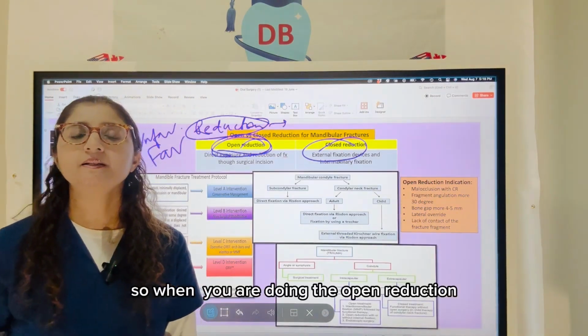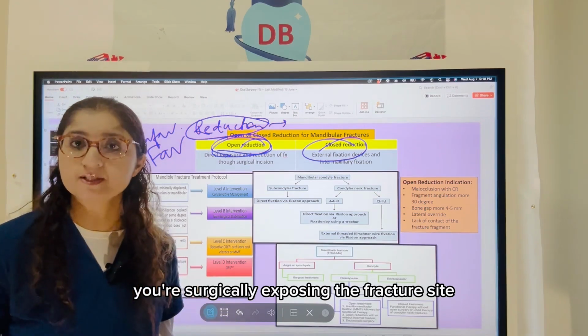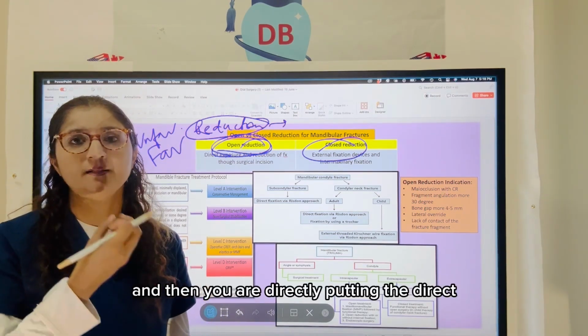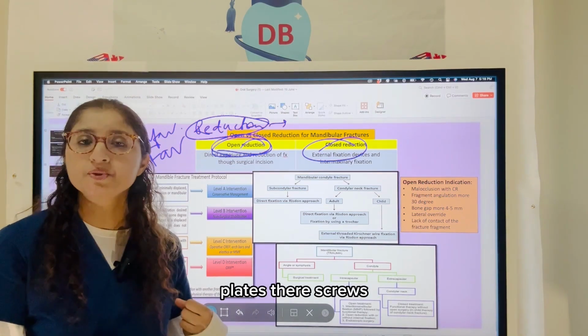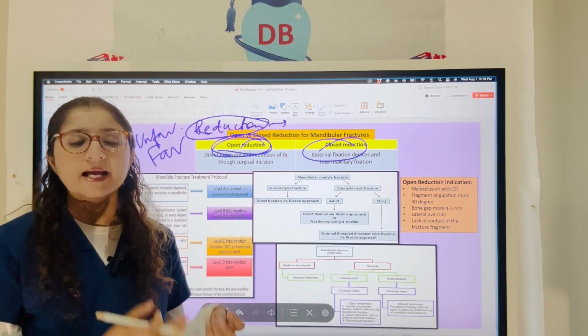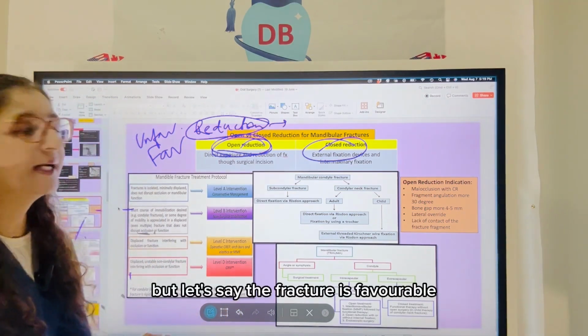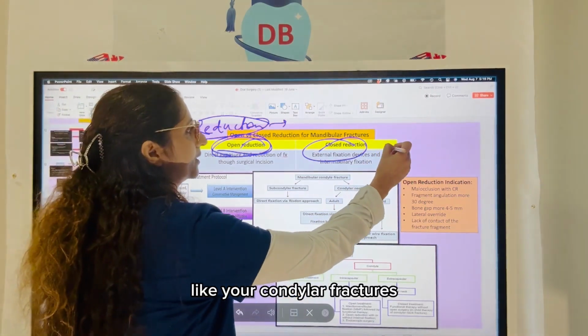When you are doing the open reduction for an unfavorable fracture, you are surgically exposing the fracture site. And then you are directly putting the plates, screws, wires there, and bringing the fracture segments together surgically. But let's say the fracture is favorable, like your condylar fractures.